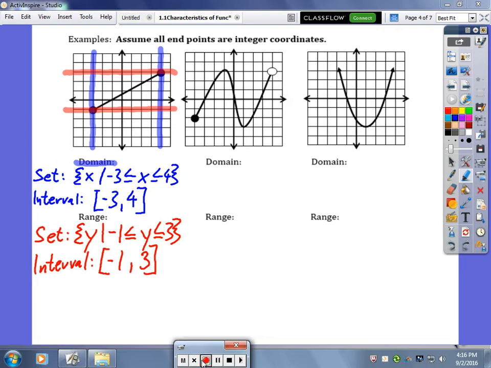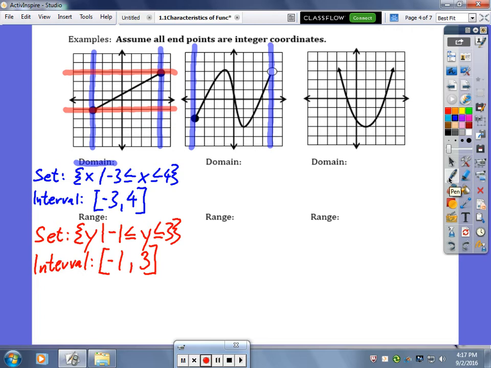Let's look at our next example. The domain starts towards the left, here where we have the closed circle, and goes all the way to the right where we have the open circle.